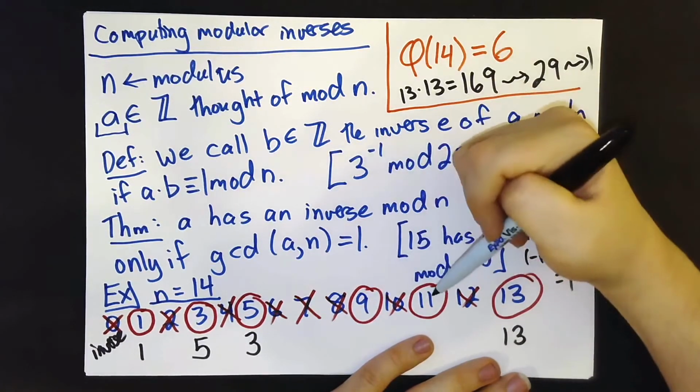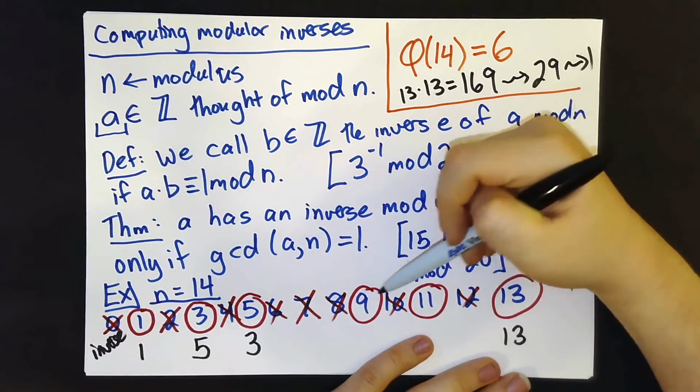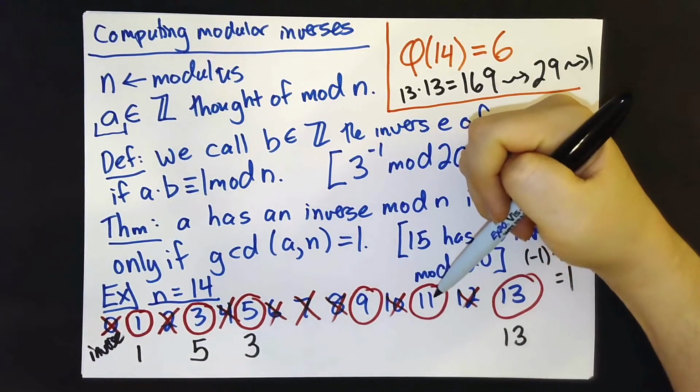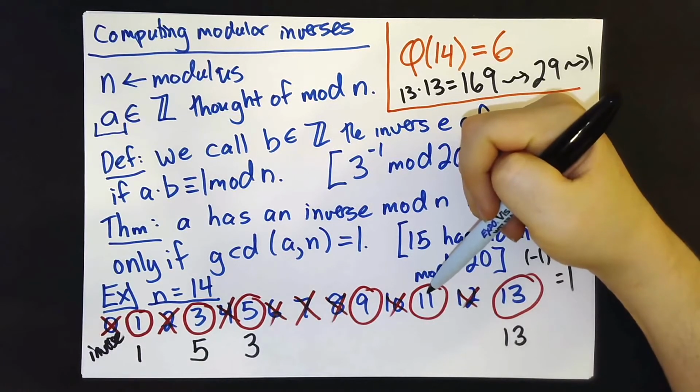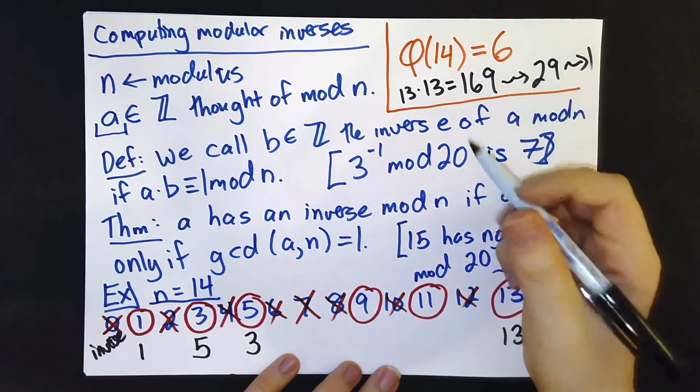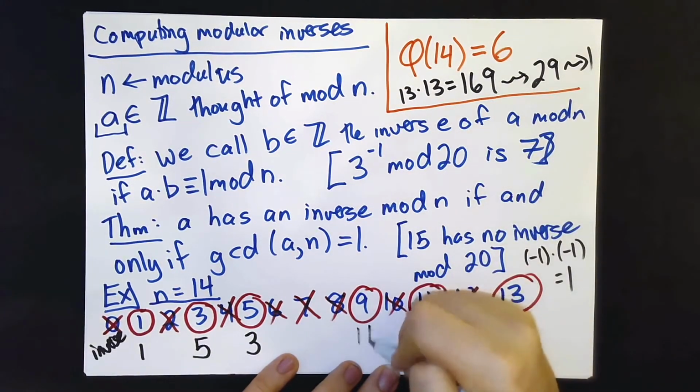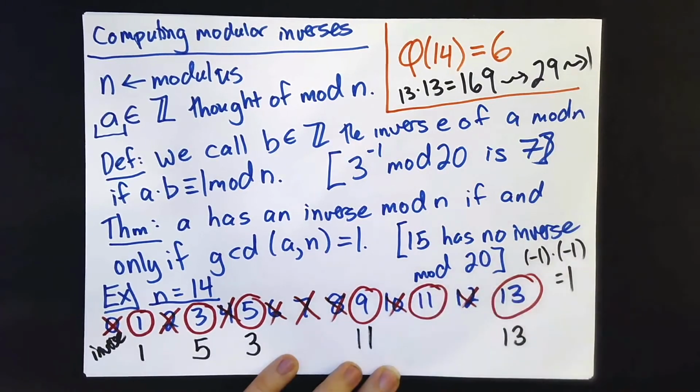So 9 times 11 is minus 5 times minus 3, which is 5 times 3, which is 15, and so it's 1 mod 14. And so what that shows is that, as we might have guessed, the inverse of 9 mod 14 is 11, and the inverse of 11 mod 14 is 9.